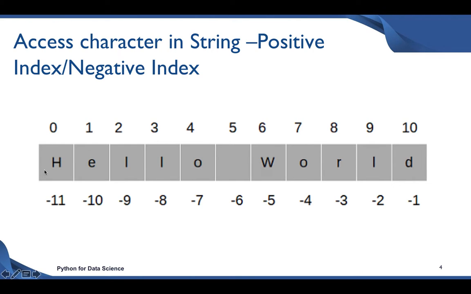In the string, this is a sequence of characters which is written hello world, and at every particular index location some value is stored. At index 0, H is stored, at 1 E is stored, at 2 L is stored, and likewise at the 10th position D is stored.